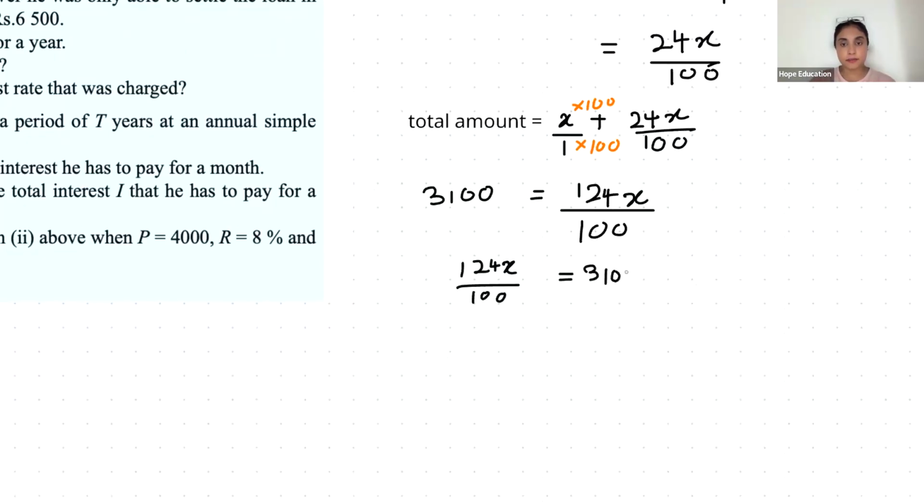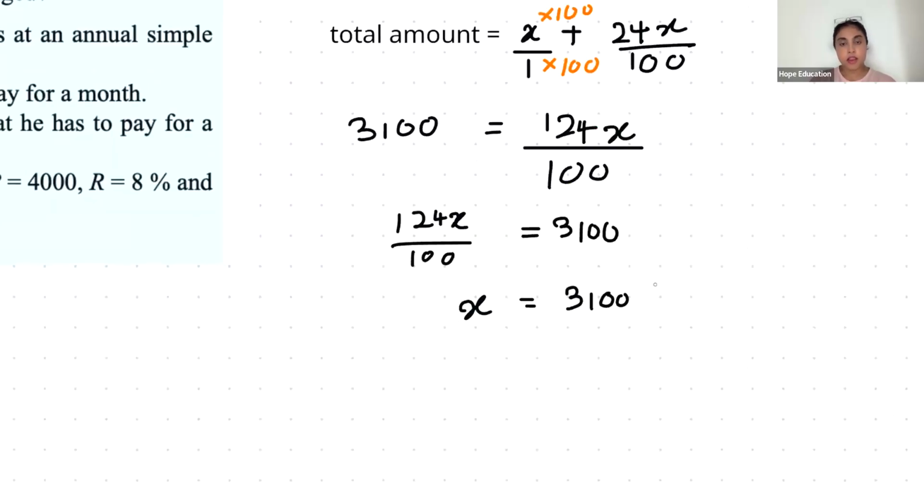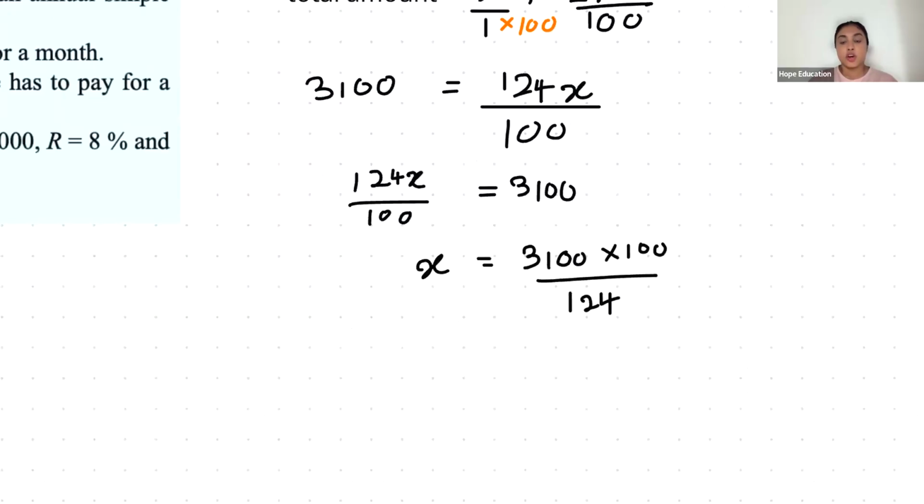Now in order to find x, I'm going to move 100 to the other side, then it becomes multiplication. 124, I'm going to bring to the other side, then it becomes division. Now it's all about cutting and chopping, right? Here we can divide by 4. 4 times 3 is 12, 4 times 1 is 4.